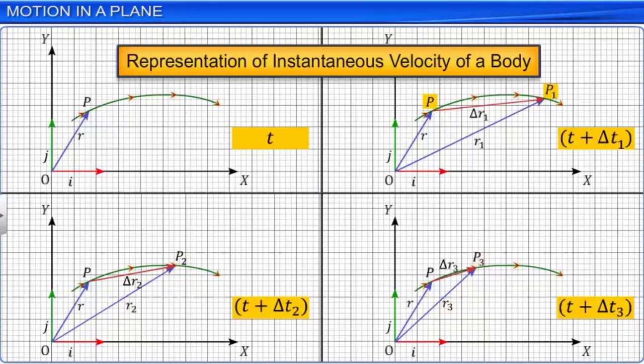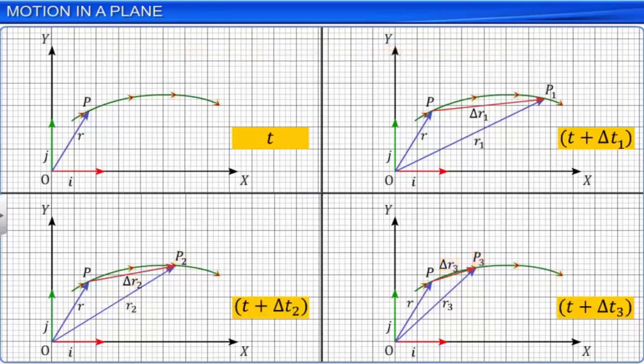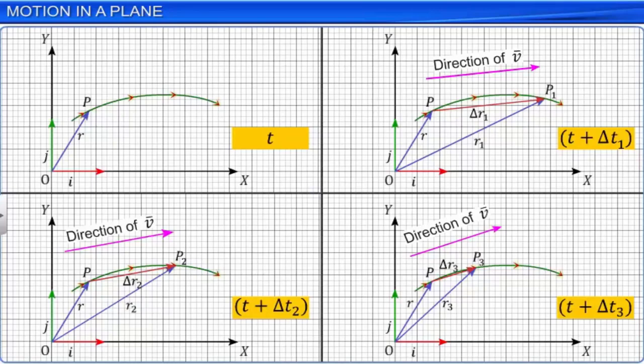At point P2, its displacement is delta r2. And at point P3, its displacement is delta r3. The direction of average velocity vectors are shown in the graphs. Delta t1 is greater than delta t2 is greater than delta t3.